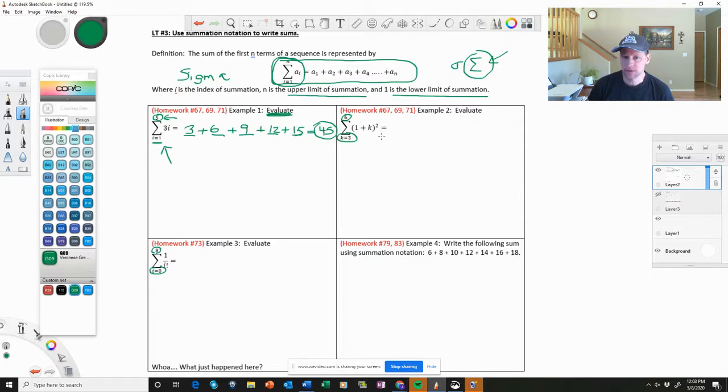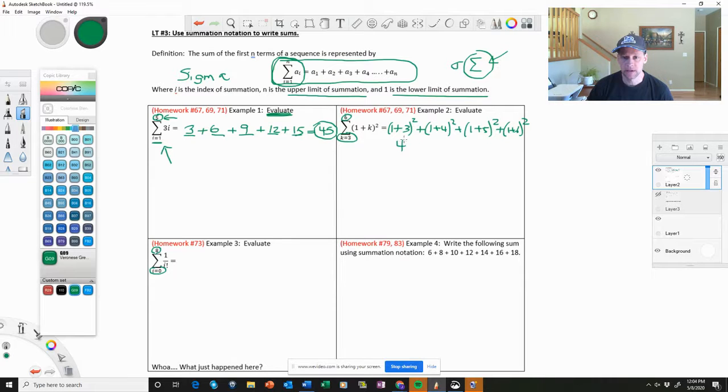So let's try this one. We're going to plug in the values of k from 3 to 6 into this k and then add. So it's going to look like this: 1 plus 3 squared, plus 1 plus 4 squared, plus 1 plus 5 squared, plus 1 plus 6 squared. And stop, because 6 is your upper limit of summation.